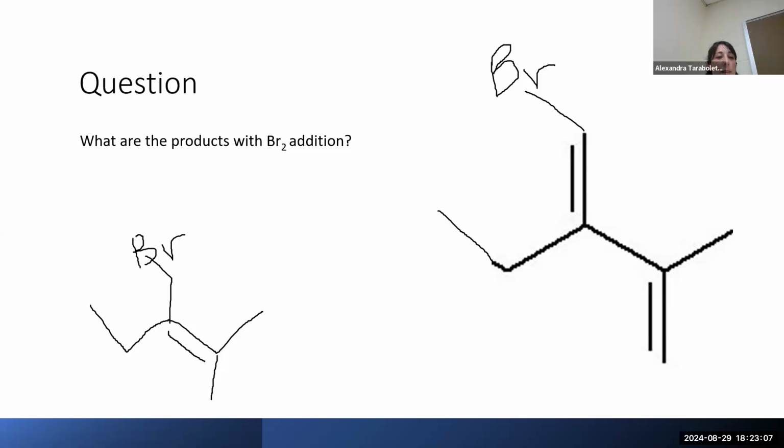And that is going to give me either this, which would be one of the additions, or, sorry, I'm making this a single bond again, this. So which one is which? The one on the left, which addition is that version? 1,4 addition. And then the one on the right is the 1,2 addition.